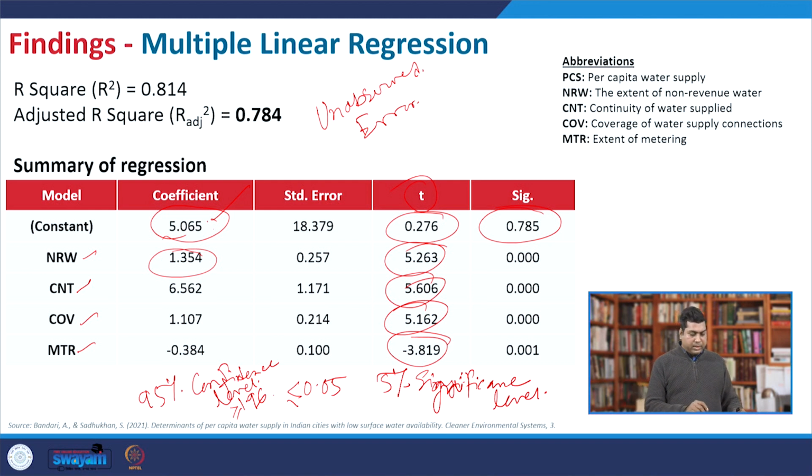Now coming to the association, here you can see the continuity has the maximum association, followed by non-revenue water and coverage, and there is very little impact, but we cannot ignore it because it comes up with a minus sign, that is the metering.